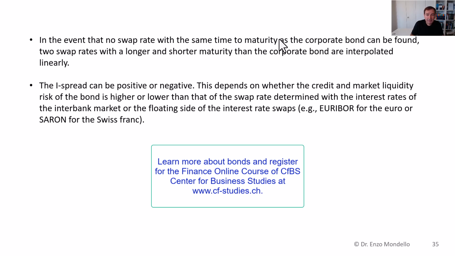This depends on whether the credit and market liquidity risk of the bond is higher or lower than that of the swap rate determined with the interest rates of the interbank market, or the floating side of the interest rate swap. With an interest rate swap, the swap rate, which is a fixed rate, is exchanged against the floating rates, and the swap rate is determined taking the floating side of the interest rate swap.